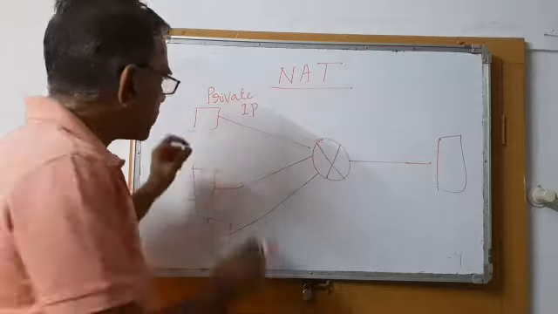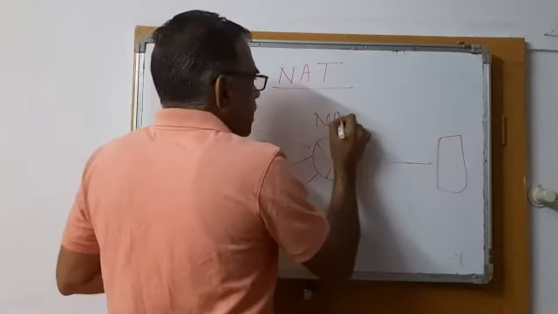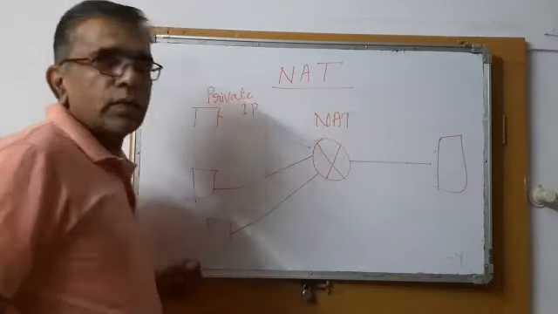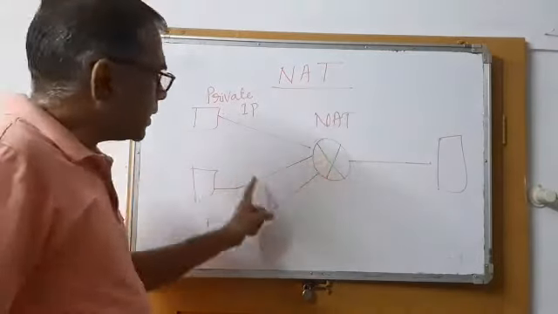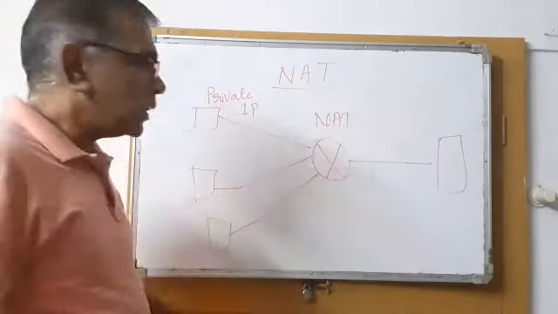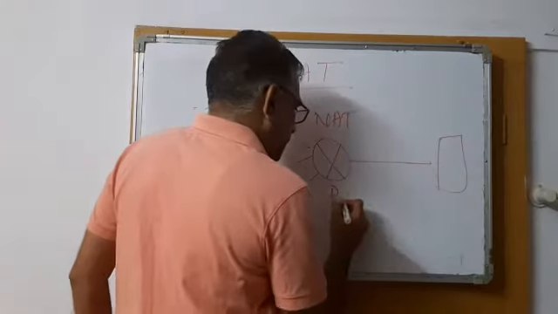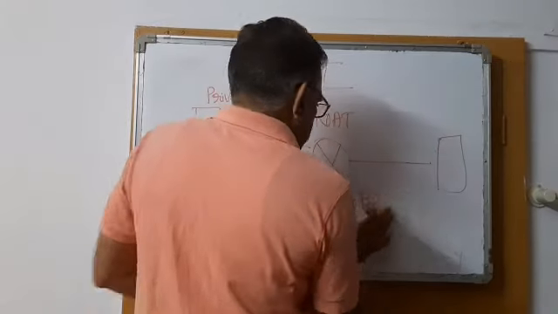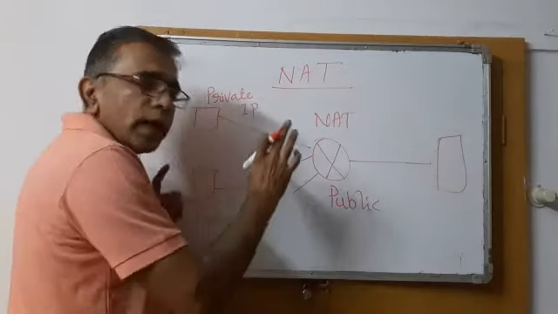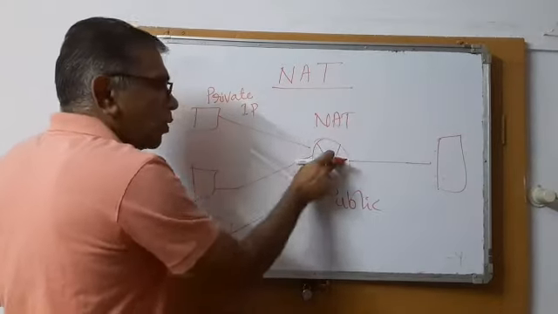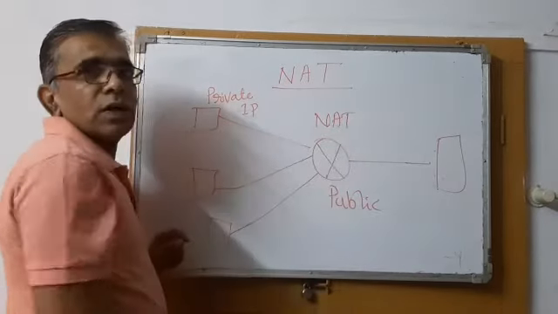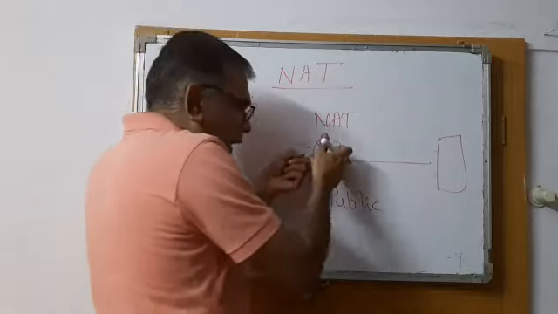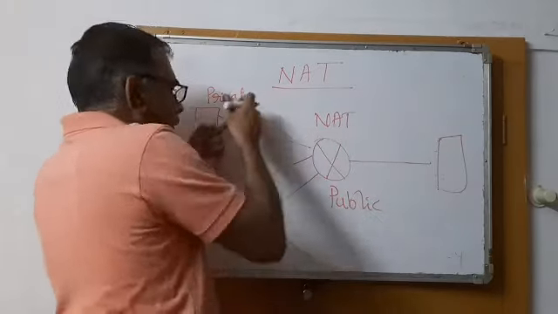For that, the technique used is the network address translation technique. Your whole organization in this case is identified by a single public IP. All the machines of this organization are identified by the public IP of the entire organization, whatever public IP it has.